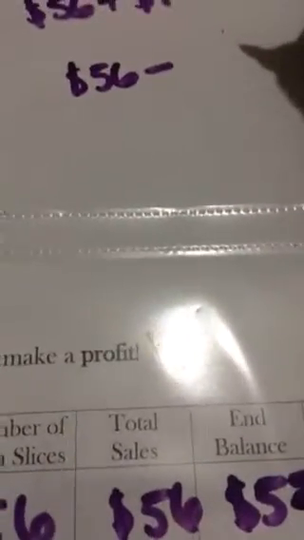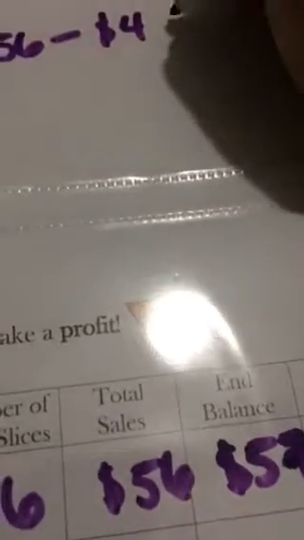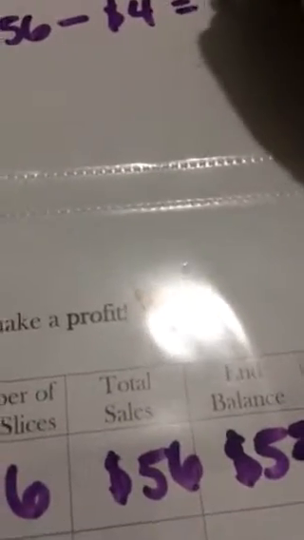So then the profit. The profit is different because I have to consider the amount I made, which was the $56, minus the amount that I used to make purchases, or my expenses, which I know was only $4. So 56 minus 4 will be 52.